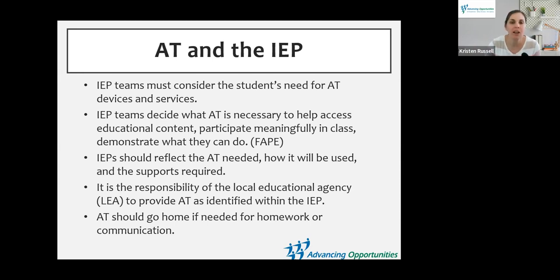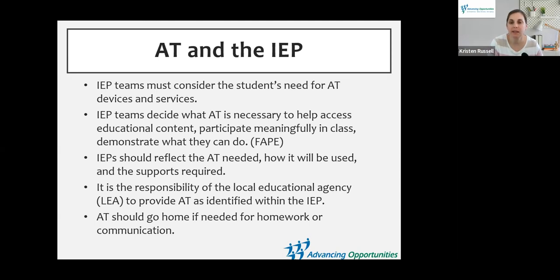So first of all, assistive technology has to be considered. If the IEP team decides that assistive technology is necessary for that student to access their free and appropriate education, it needs to be documented in the IEP. That means listing what assistive technology is needed, how it's going to be used, and what supports are going to be required.